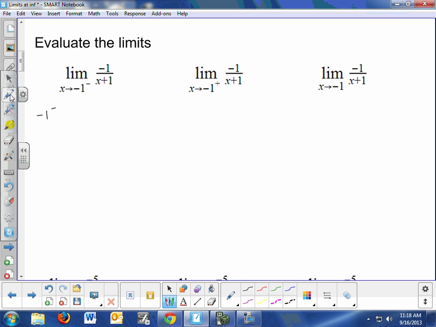Give me an example of a number that's approaching -1 from the left, Ms. Glazer. A numerical example, like a number. Yep, get closer though.